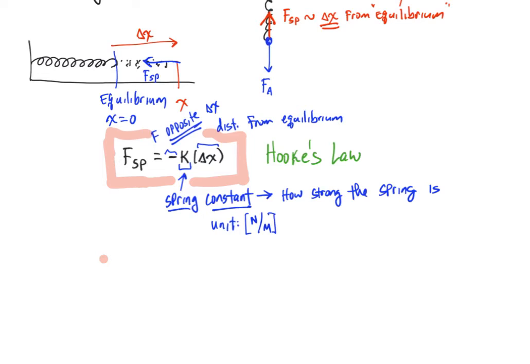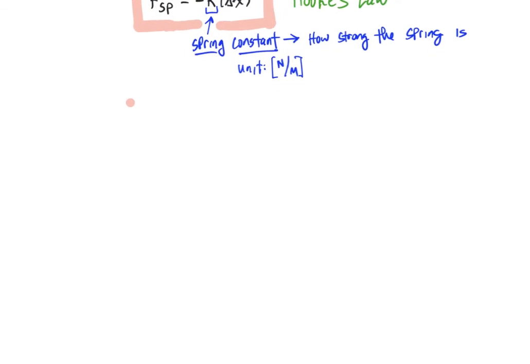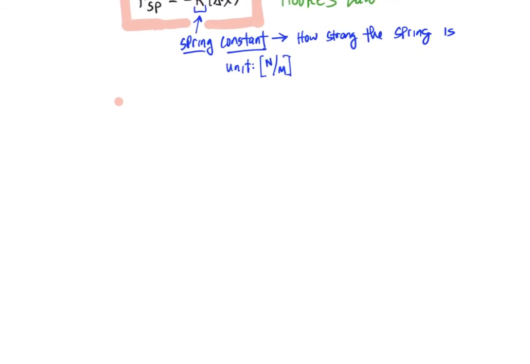So now that we know a little bit about springs, I want to talk about the work done by springs. So let's move on down here and talk about the work done by springs. And I think you can see here maybe that it's going to be a little bit tricky.